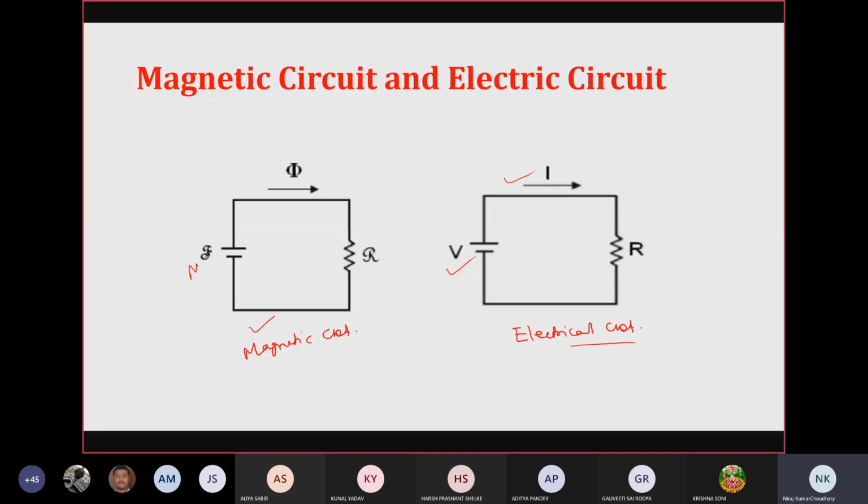Similarly, this is your MMF, and this is your flux which flows through the magnetic circuit, and this is the reluctance, right? So MMF is analogous to voltage or EMF source, reluctance is analogous to resistance, and flux is analogous to current.